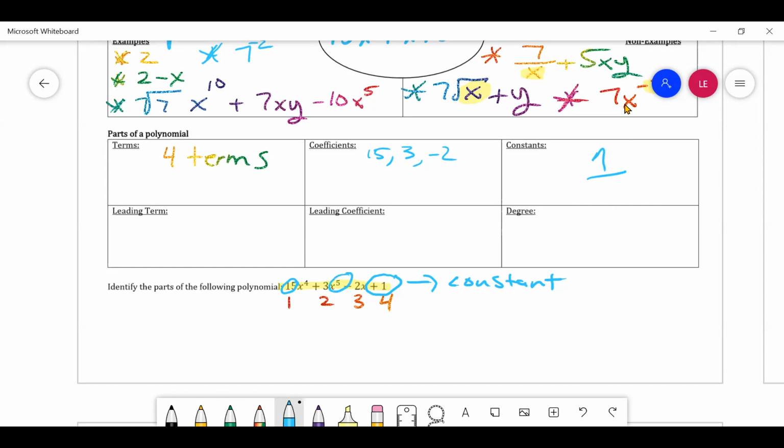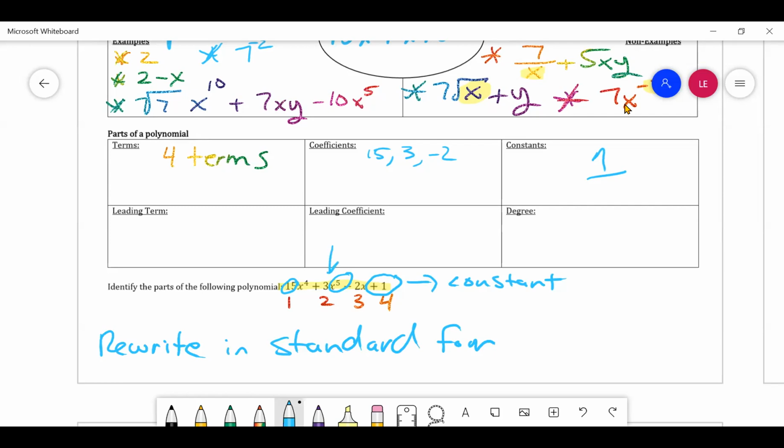You have to rewrite it in standard form. You put the leading coefficient first, the biggest power, and then you go in descending order from largest to smallest.